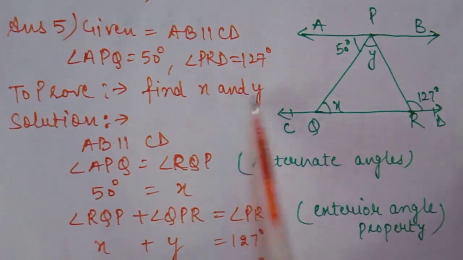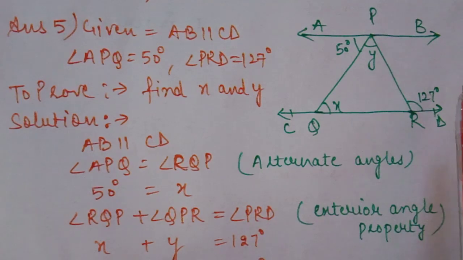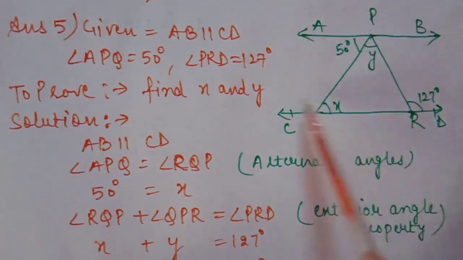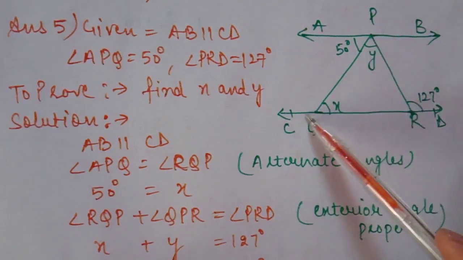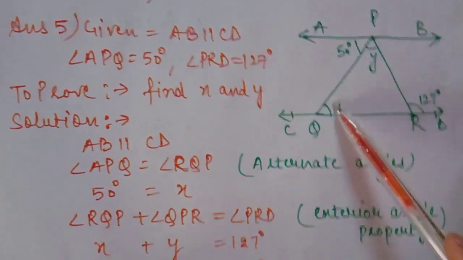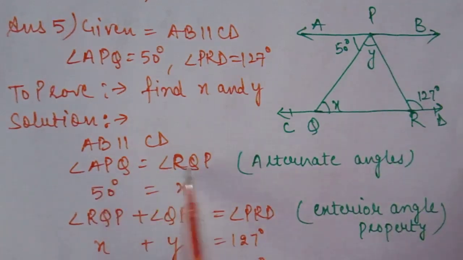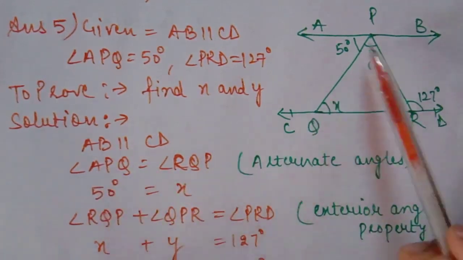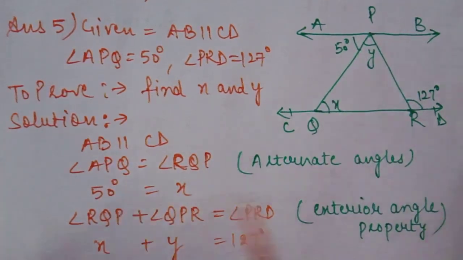So how will we start? In these two parallel lines, first of all, we know it very well, PQ is a transversal line. Then this angle and this angle are a pair of alternate interior angles. Then definitely x is equal to 50 degrees.